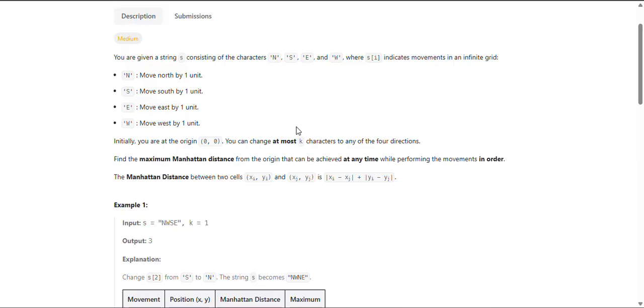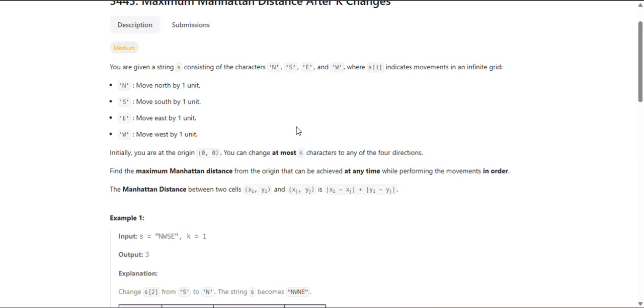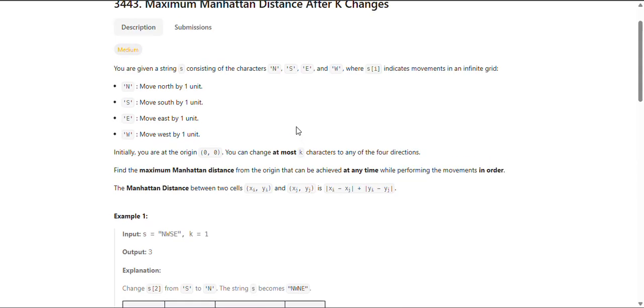Okay. So I do have a few observations over here. Let's say I move 2 steps to the north, and the next letter which I encounter is S. That means I'm supposed to move north itself, so I'm supposed to change the south to north. And when I do that, the distance is going to be increased by 2.